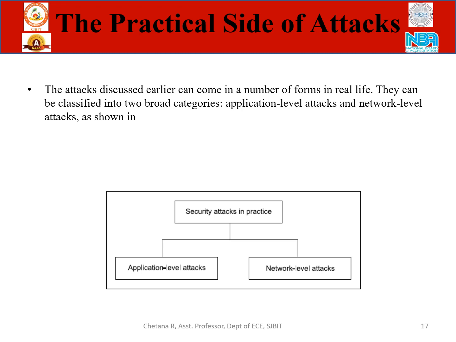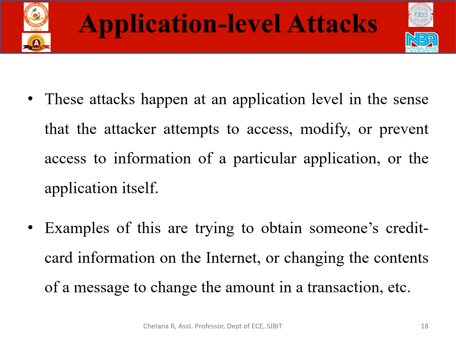Now we are focusing on the application level, how the application as a whole is getting affected, and on the entire network, how the network is getting affected, because you're transferring your information from one vicinity to another. We will discuss how it is going to affect.